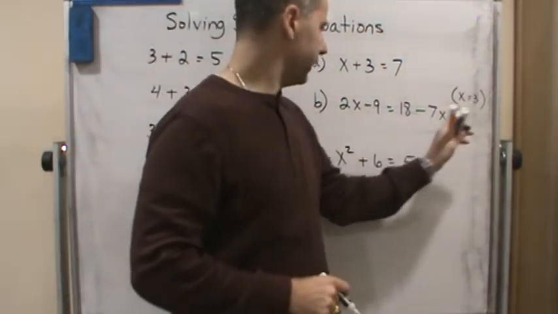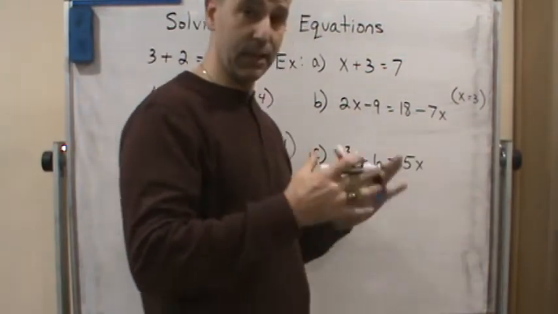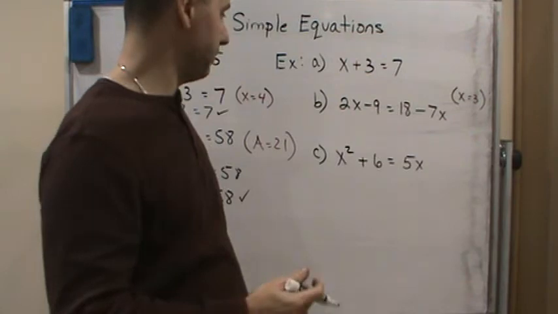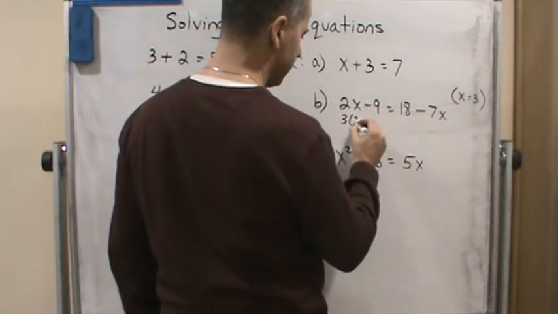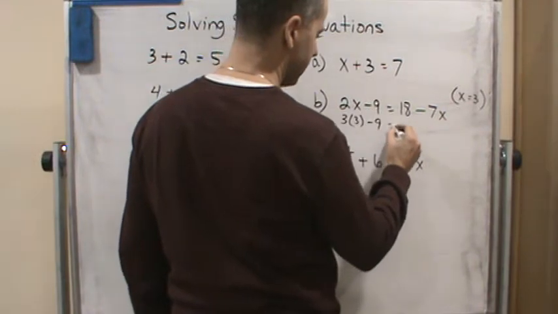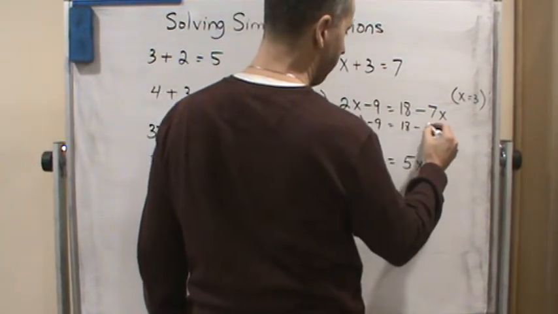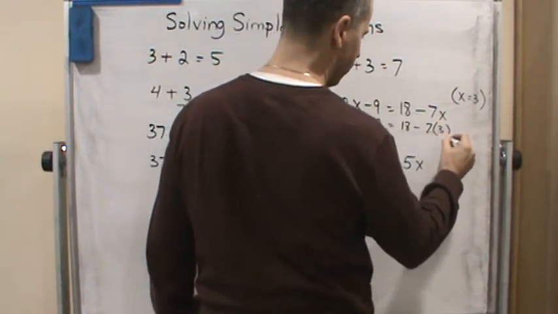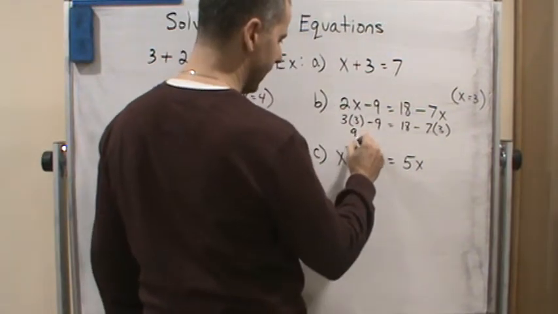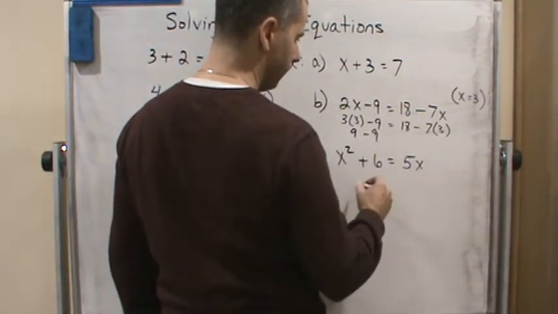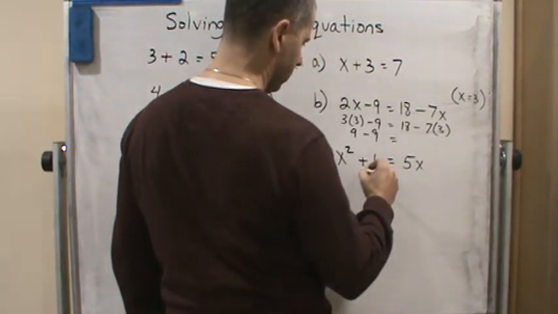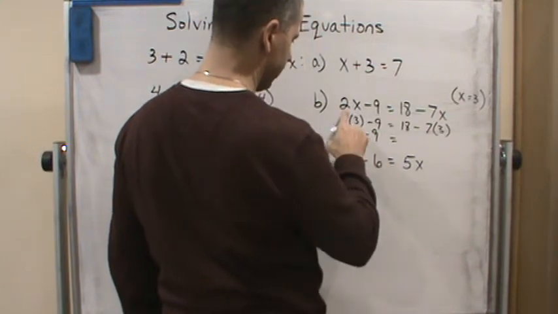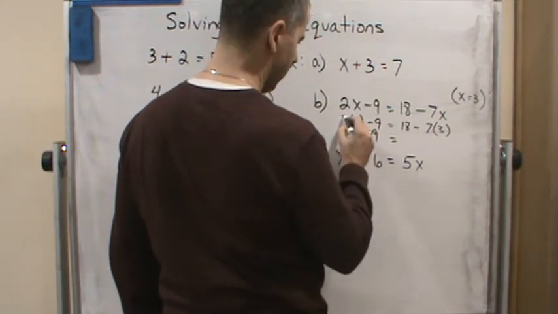All we have to do is plug in 3 for x, simplify it, and see if we get a true statement. So I plug in 3, so I get 3 times 3 minus 9 is equal to 18 minus 7 times 3. Oh no, I'm sorry, that's 2 times 3. I knew something was wrong.